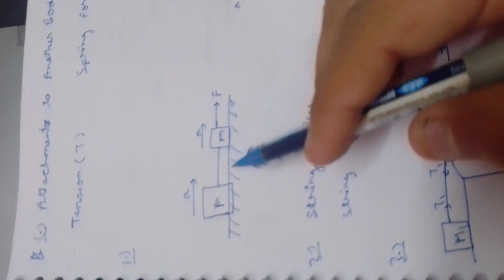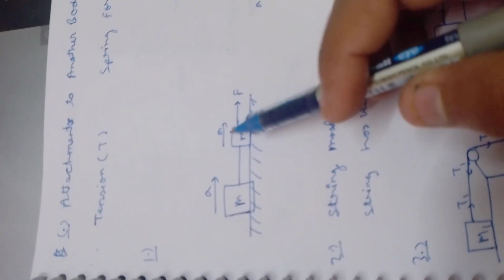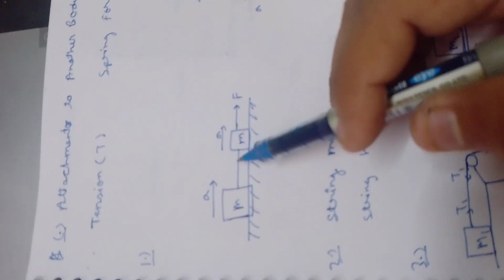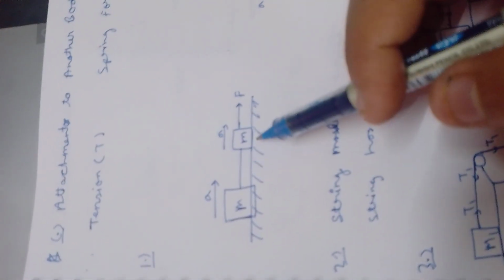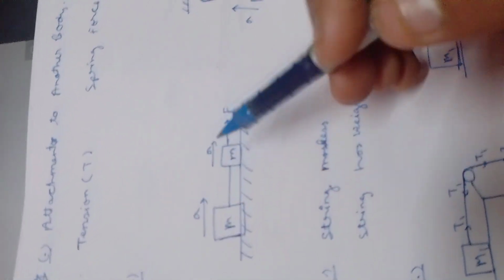For example, this is a string which is inextensible. If the acceleration of this block is a, then the block connected to it, small m, will also have acceleration of magnitude a.